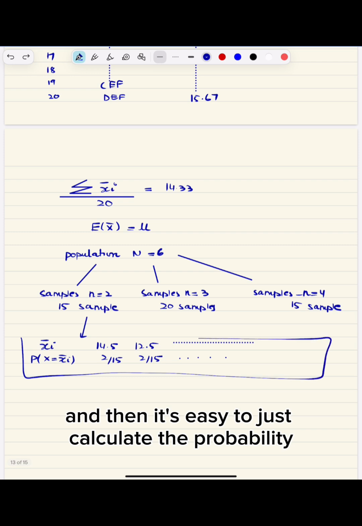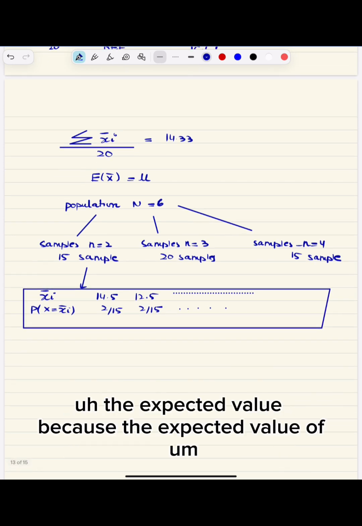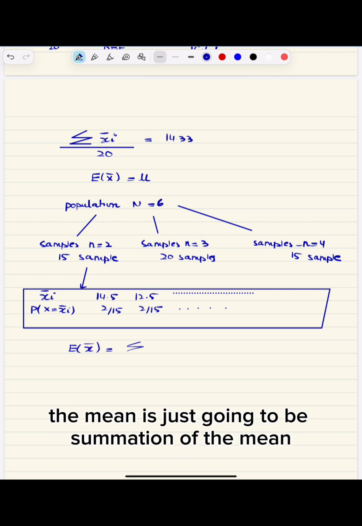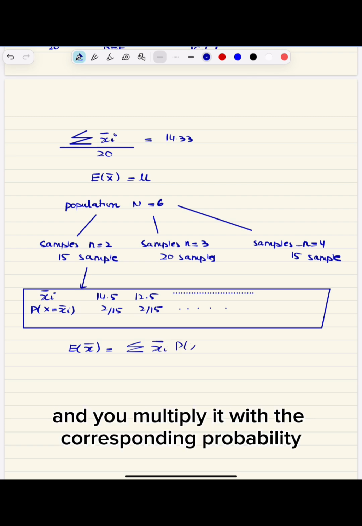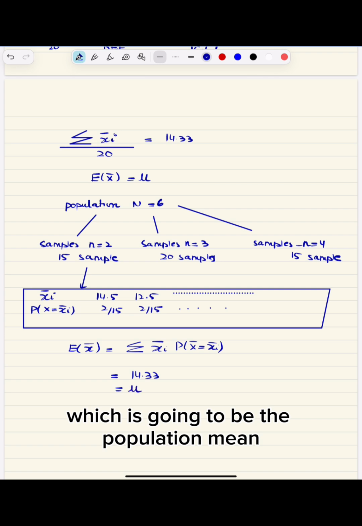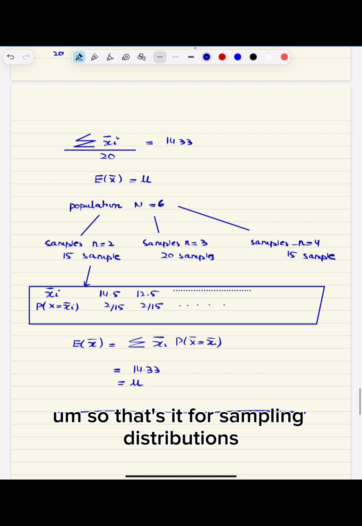And then it's easy to calculate the expected value, because the expected value of the mean is just the summation of the mean multiplied with the corresponding probability, right? And then you will end up with 14.33, which is going to be the population mean. So that's it for sampling distributions.